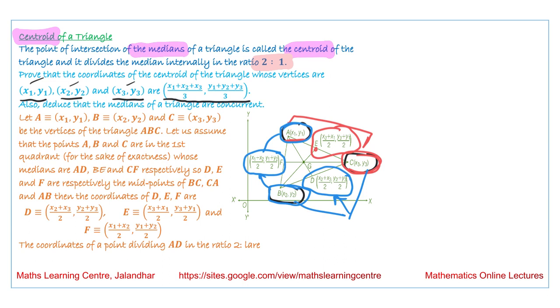Now suppose I am talking about the points A and D. We want to find the coordinates of the point G, and we know that it divides the median in the ratio 2:1. So to calculate the coordinates of this point G, we use the section formula.